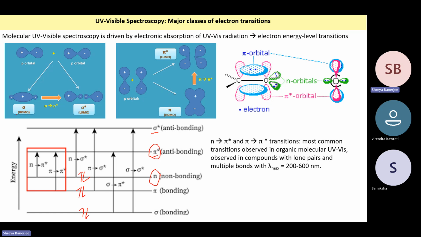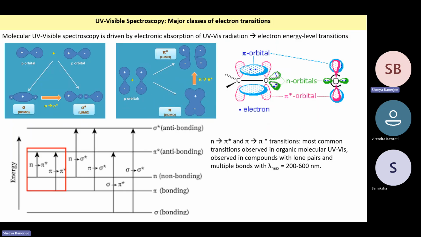If you have only one sigma bond, then you won't have all this pi orbital. Imagine you have only one sigma bond, then you don't have any of these levels. You only have two levels, bonding and anti-bonding. In this case, this will be the HOMO, this will be the LUMO. So I'll just discard these.